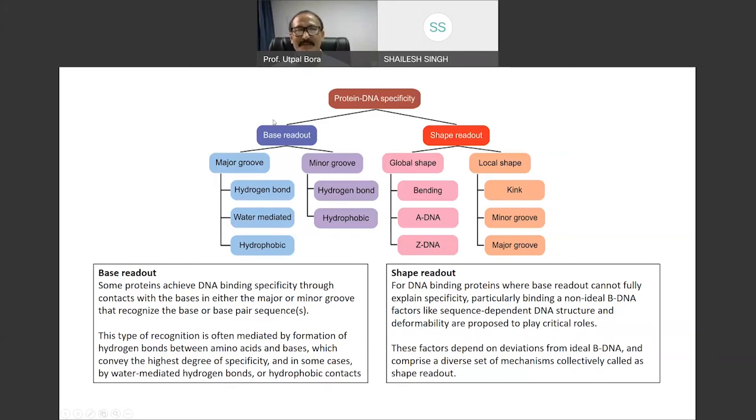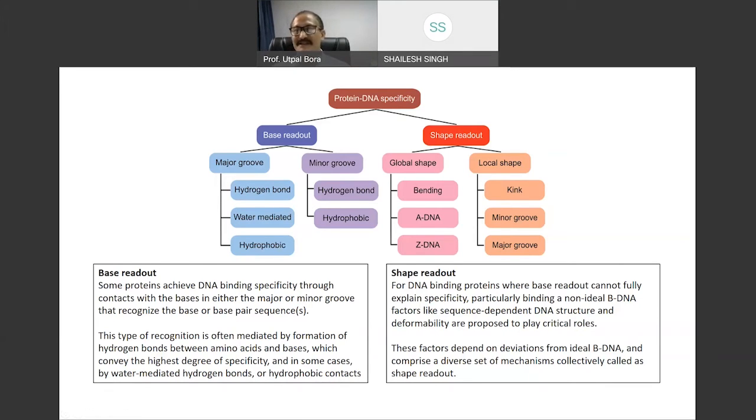Now, when we discuss base readout, you may have a major groove base readout, where hydrogen bonds, water mediation, and hydrophobic interactions come into play. In the minor groove, hydrogen bonds and hydrophobicity are important, but water mediation is not. When it comes to shape readout, you may have two kinds.